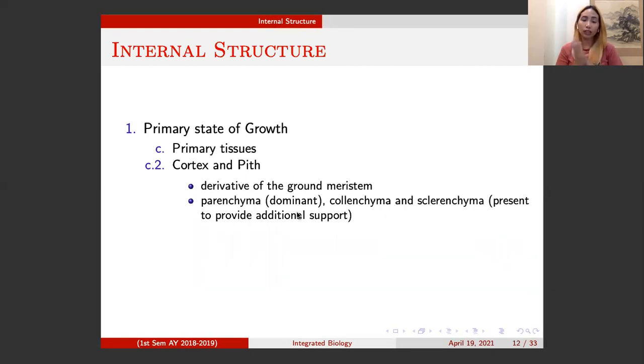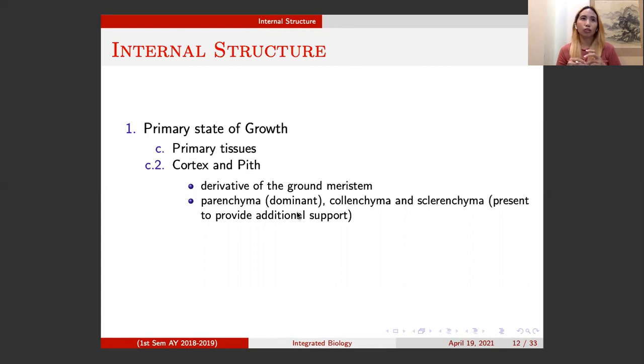Now, cortex and pith are derivatives of the ground meristem, as I mentioned earlier, and they are mostly made up of parenchyma cells. Sometimes you can see collenchyma and sclerenchyma cells present in the cortex or the pith, and this is normally because the plant requires additional support.